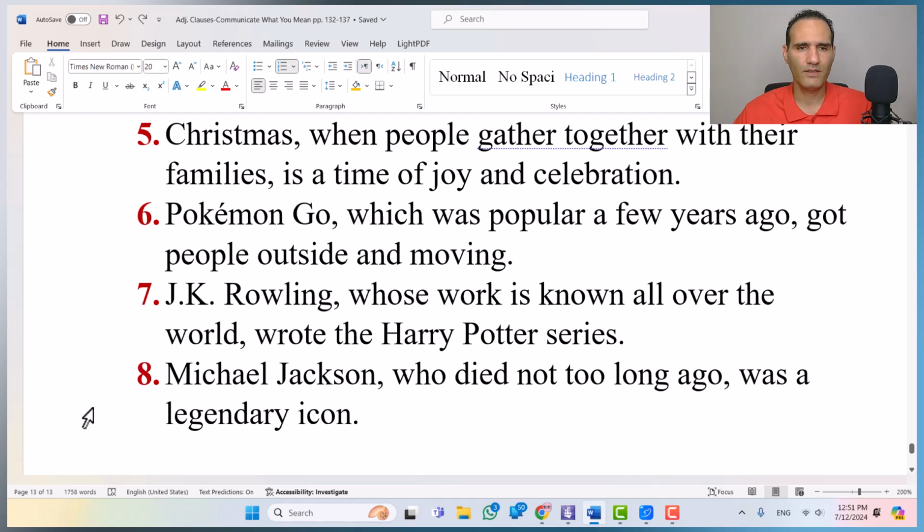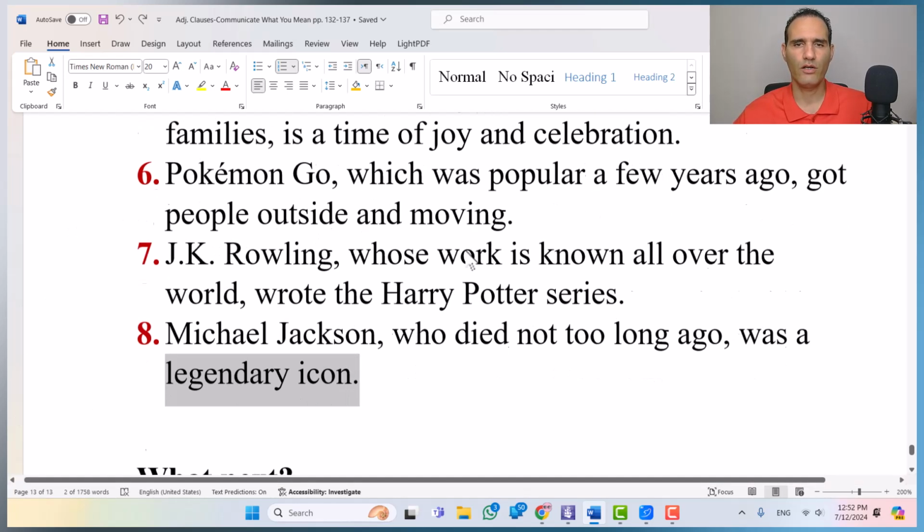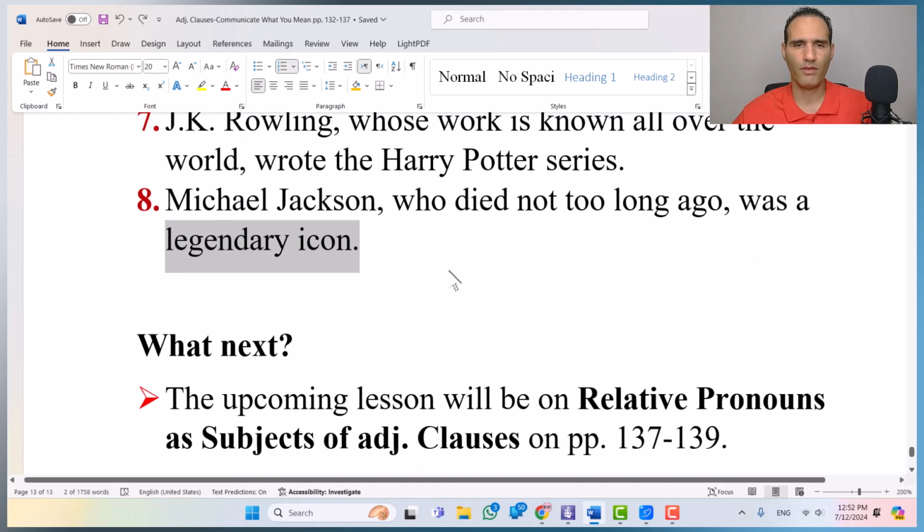Exercise number 7, J.K. Rowling, whose work is known all over the world, wrote the Harry Potter series. What a great author, what a great series. Late Michael Jackson, number 8, who died not long ago, was a legendary icon. Michael Jackson, a legendary icon in music, in dance, and everything.